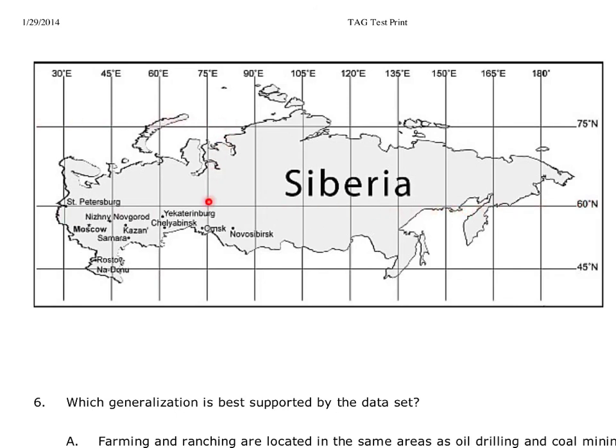No, it wouldn't be in here. Couldn't be in there. We want it in here. So that would be 60 degrees north and 45 degrees north. And then it would be 30 degrees east and maybe 60 degrees east. So that's how you read your map with latitude and longitude.